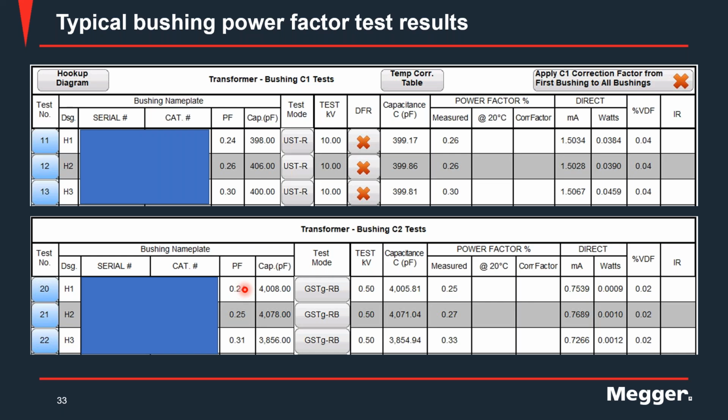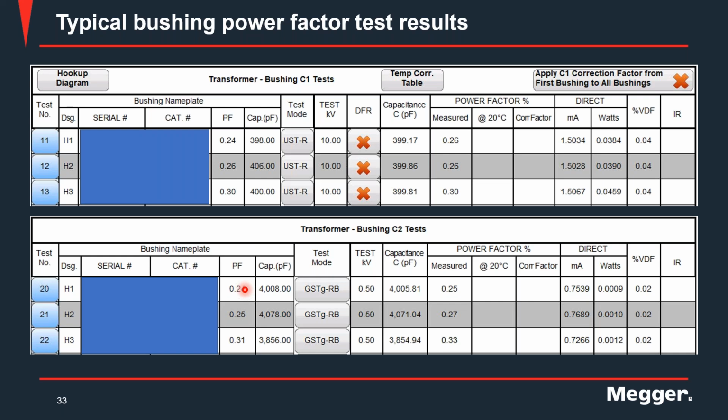On C2, however, you can see field test values which would differ from the nameplate values. The reason being that the values that are punched on the nameplate are from the bushing manufacturer, and these bushings are tested while being mounted on a stand. When the bushing is mounted on a transformer, the setup changes, and that results in a different value of C2. That doesn't mean that there is anything wrong with the bushing.